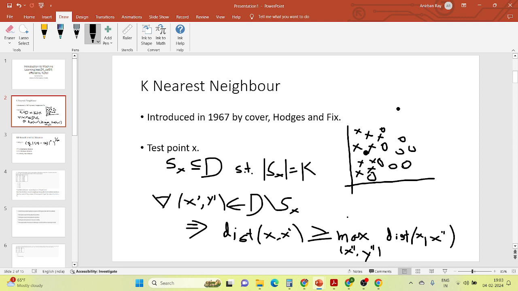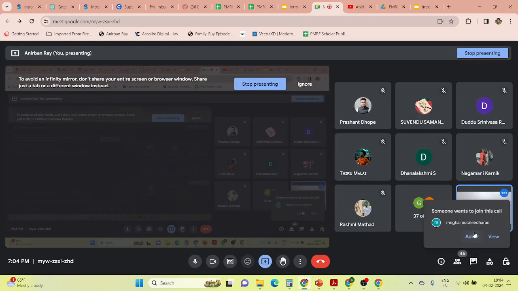Cross it is. And how did you say that it is a cross? Because the neighbors around that point are mostly cross. That's why it belongs to the cross data set. Yes. So the concept of k nearest neighbor is the same.